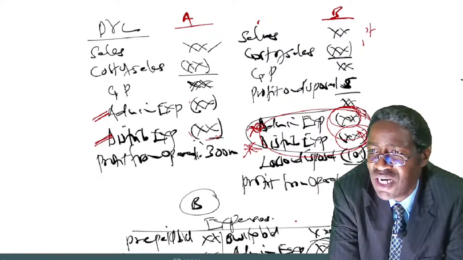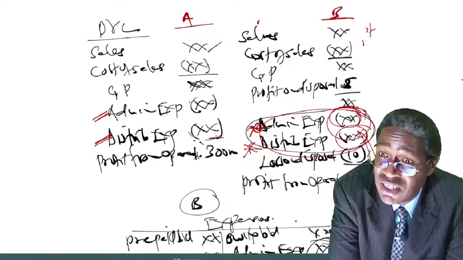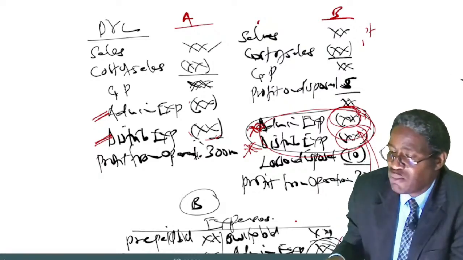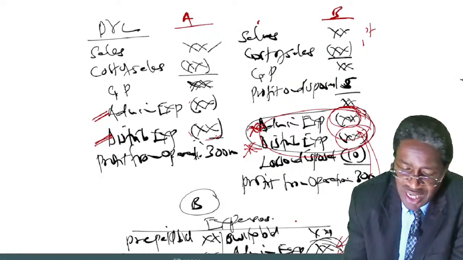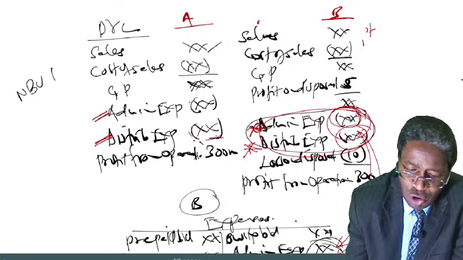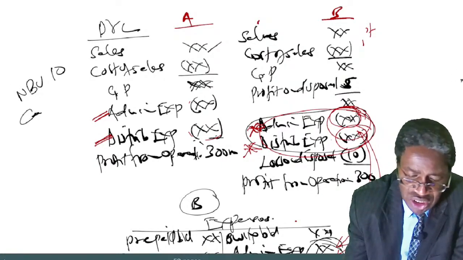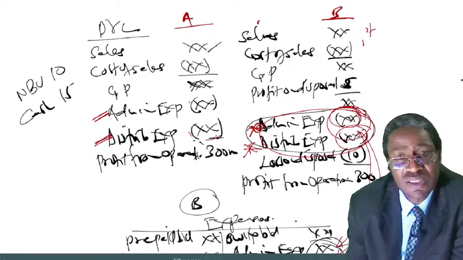No, Catherine, no. You don't include it in sales. Listen, I am not talking of, here is a motor vehicle that had a book value of 10 million. You sold it for cash of 15.